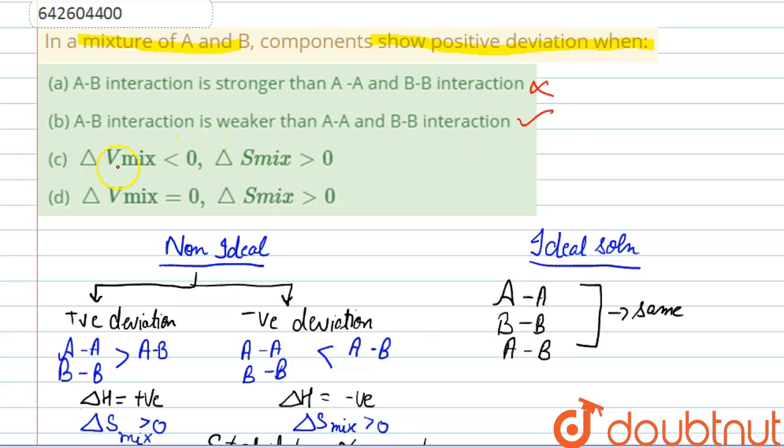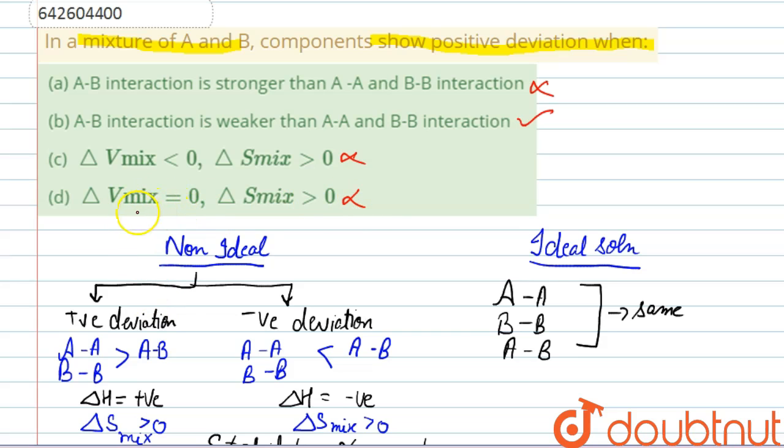The third option is delta V mixture is less than 0, that is negative. We know that delta V is negative for negative deviation, so this is incorrect. The fourth option is that delta V mixture is 0 and delta S mixture is greater than 1. Delta V mixture is greater than 0 because it is positive for positive deviation, so this is also incorrect.